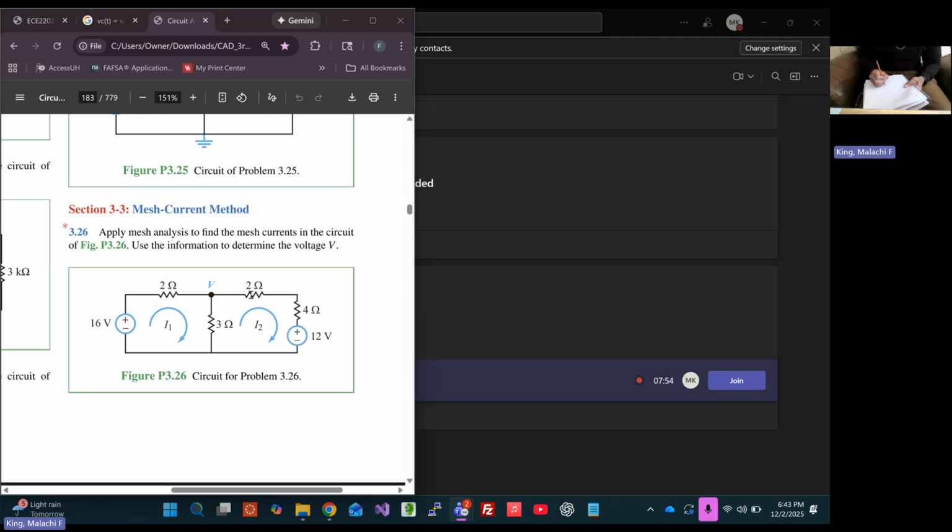And then combining, we have 12 ohms times I2 plus 20 volts equals 16 volts. So minus 20, 12 ohms times I2 equals negative 4 volts. Divided by 12 ohms.